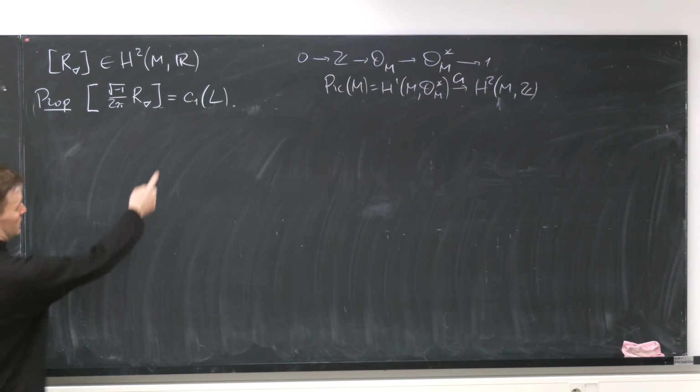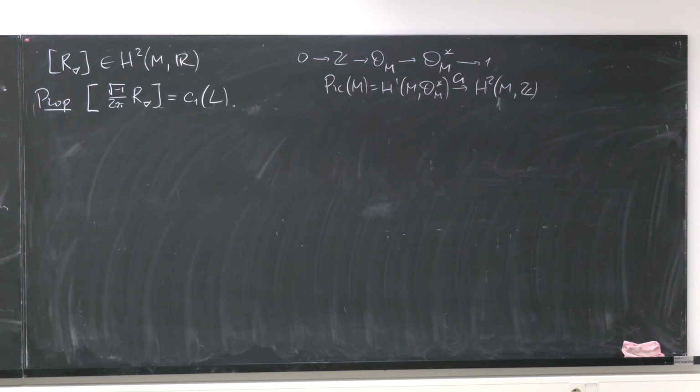And here, when I write this equality, I mean that the image of the first Chern class in the real cohomology coincides with the class of this curvature 2-form twisted by some coefficient. Okay, so that's right.